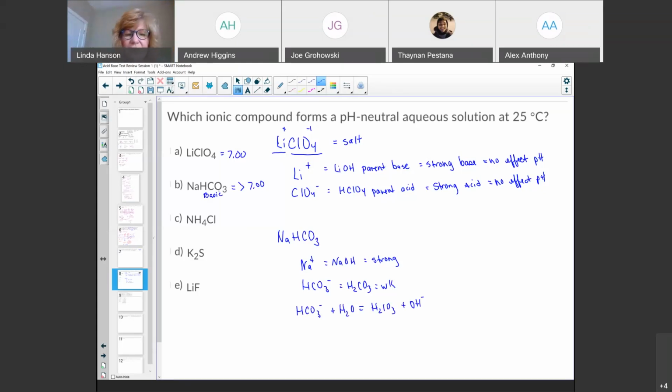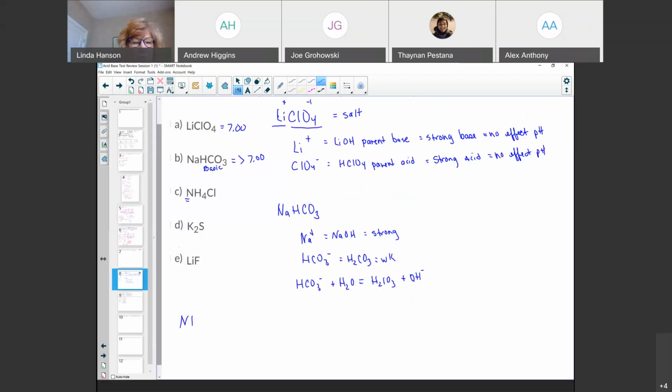You can go through each of these salts and try to identify, are they strong or are they weak? Here you can see you have a nitrogen derivative for letter C. Letter C, ammonium is the cation and chloride is the anion. The parent base is weak. The parent acid is strong.